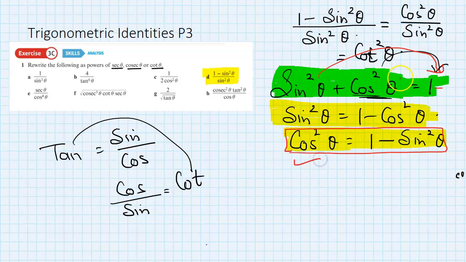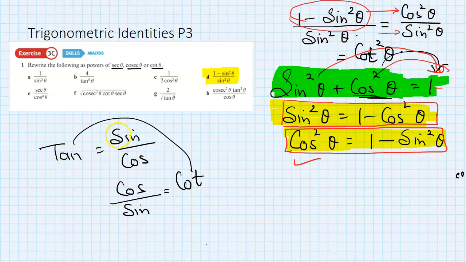That is one identity. If I make sine the subject, then cos will go here, so it will be 1 minus cos square theta. So sine square theta is equal to 1 minus cos square theta. Here we have 1 minus sine square theta, which is cos square theta. Sine square theta is sine square theta.